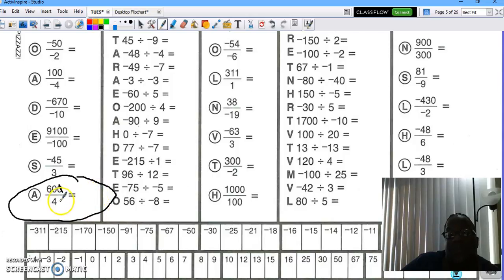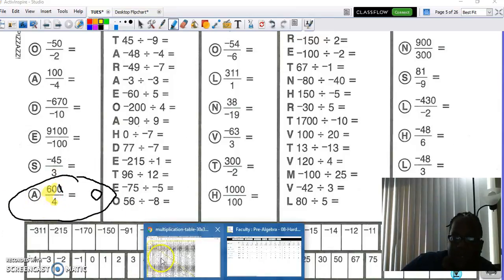But since there's no matching one over here, you know it's going to go into your answer. That's the difference. If you can take one out, but there's not one down here to take out with it, they don't cancel. That 0 just moves over here into your answer. Because then what you can do is simply use the chart to look at 4 will go into 60.